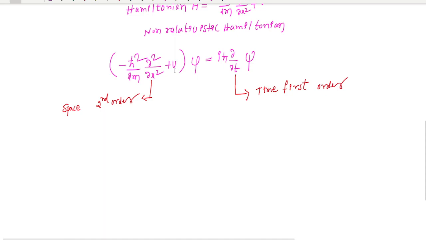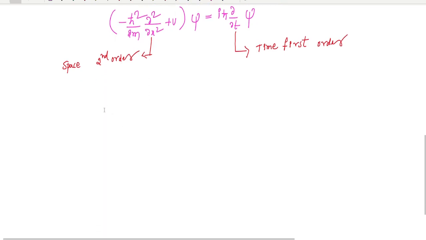Or you should replace the non-relativistic Hamiltonian with a relativistic Hamiltonian. These are the two ways to get the Schrodinger wave equation into space-time symmetry. That is the main requirement of relativistic problems. So first we solve the Klein Gordon equation by replacing the non-relativistic Hamiltonian function with the relativistic Hamiltonian function.